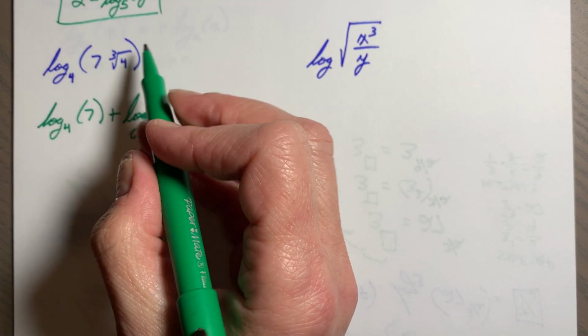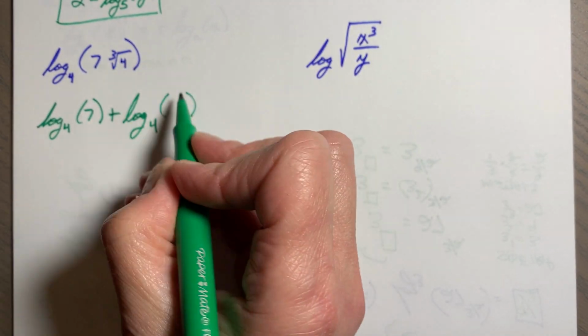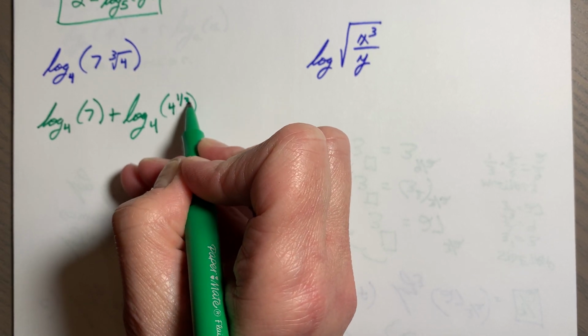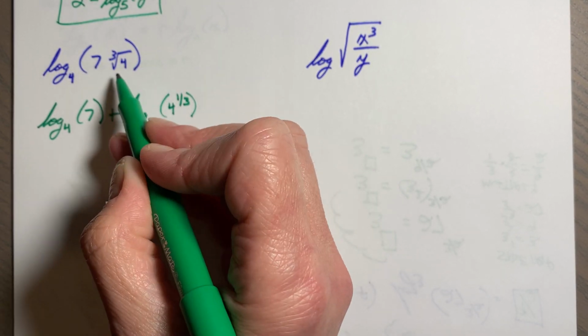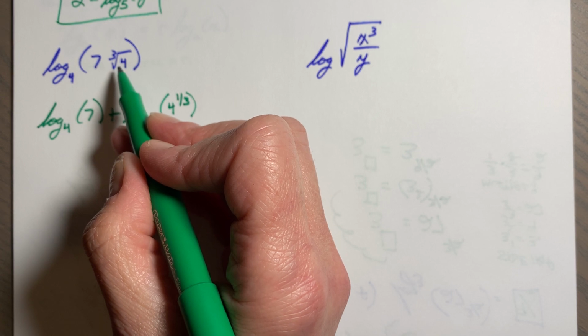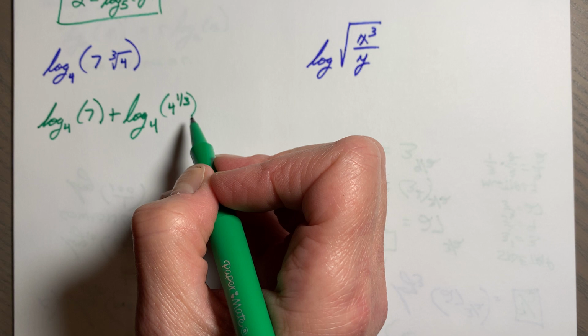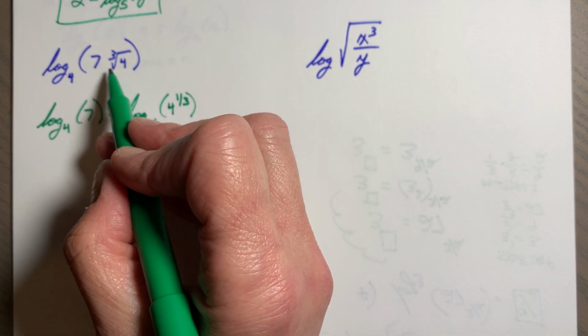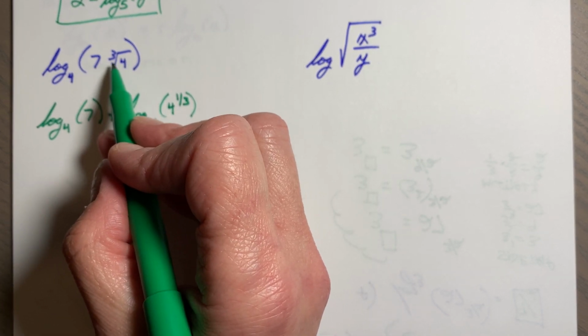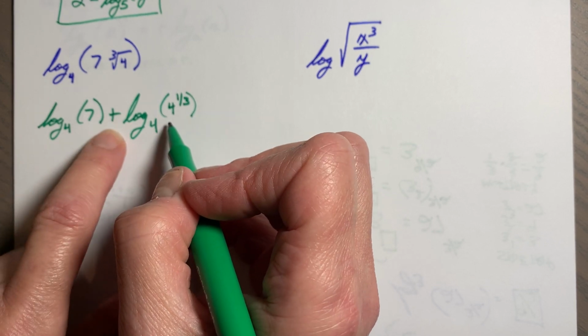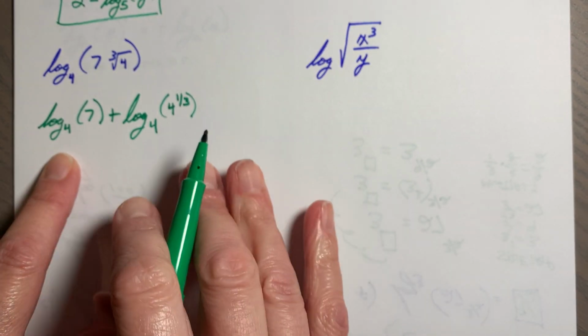And as I write this next argument, I'm going to go ahead and change to exponent form. So a cube root is equivalent to a 1/3 power.